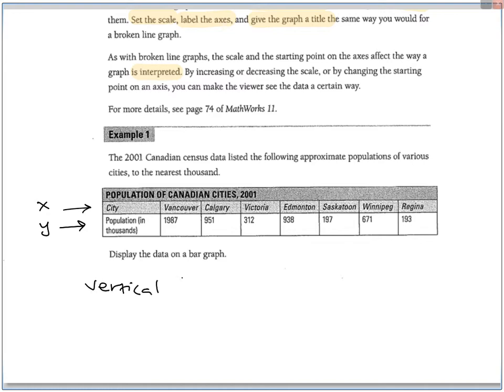That's what everybody should use as their default. Just default to the vertical bar graph. Time is on the X, and the responding variable is on the Y. That's what everyone will be used to. If you do a horizontal bar graph, it's going to flip that, and you might get a little bit confused. So if you're confused by this stuff, just stick with the vertical bar graph.